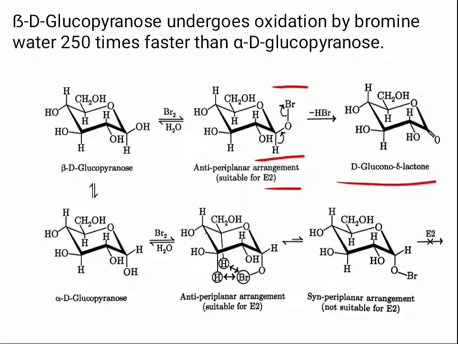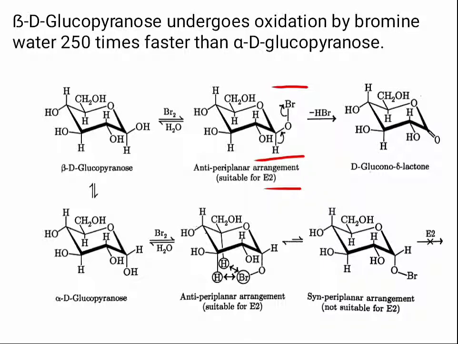But in alpha-D-glucopyranose, when you treat it with bromine water, this H is in the equatorial position, so you have to keep this bromine here so that it can become anti-periplanar. But this bromine feels some repulsion with the hydrogens on carbons 3 and 5.